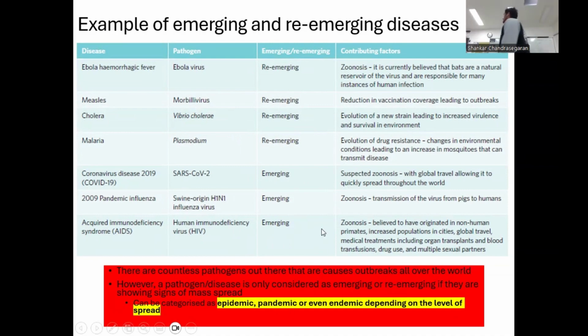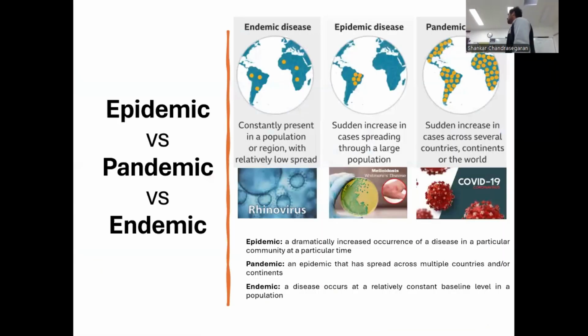So depending on the level of emergence or re-emergence, we can classify them into three different categories. One is epidemic, the second one is pandemic, and the third one is endemic, right? These three basically describe the level of spread of a specific disease within a certain population.